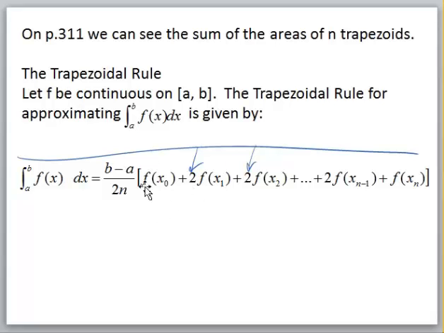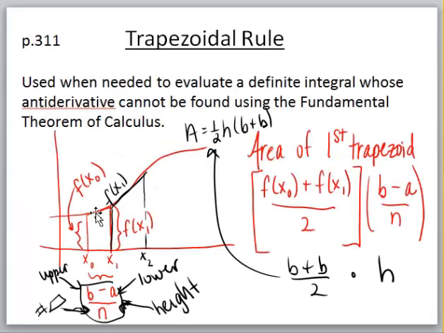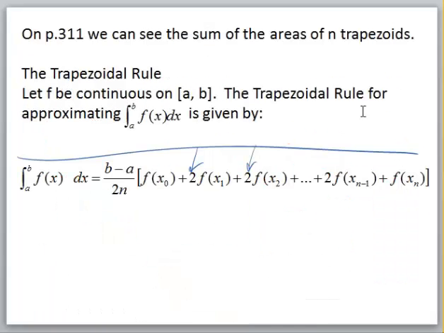So you use the first part 1 time and the last part 1 time. That's why these do not have a 2 in front of them. This 2 on the bottom comes from the 1/2 that all these things were being divided by. We just brought that out front. And then the b minus a was your upper bound minus your lower bound divided by the number of trapezoids that there are. So in the next video, I'll go ahead and use this formula and compute the answer.